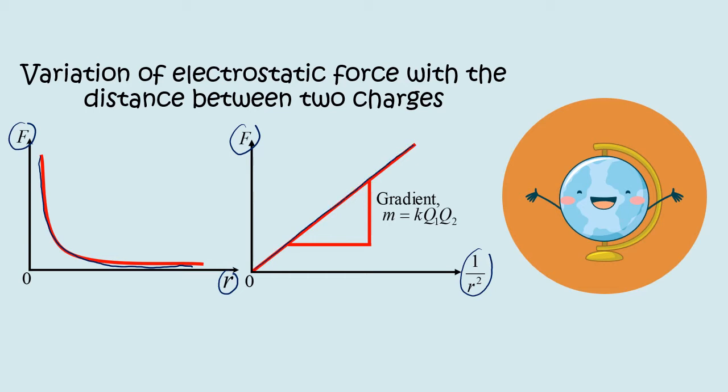From here we get the gradient M equal to K times the product of Q1 and Q2. It comes from the equation F equals K Q1 Q2 over R square.